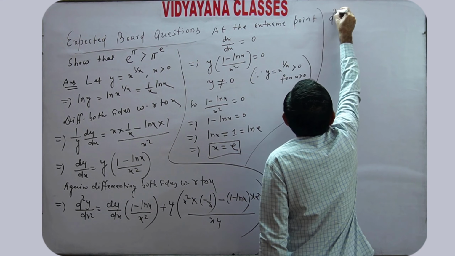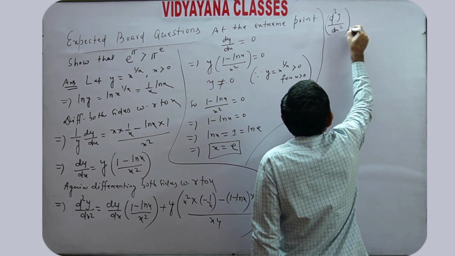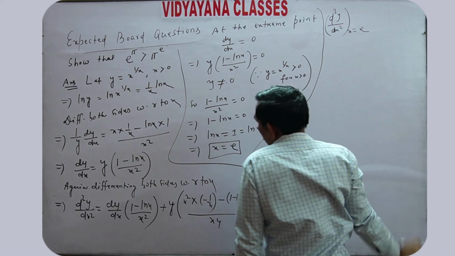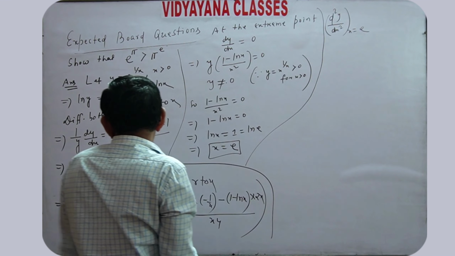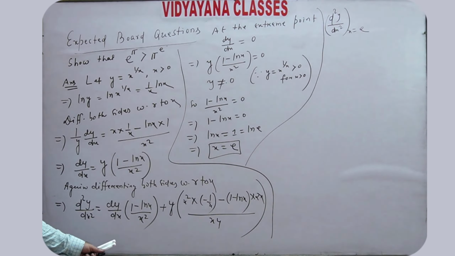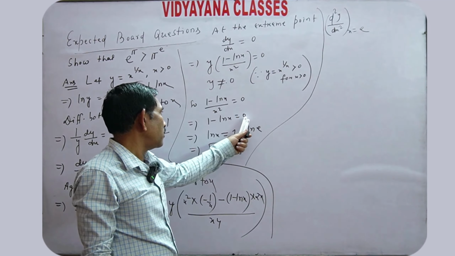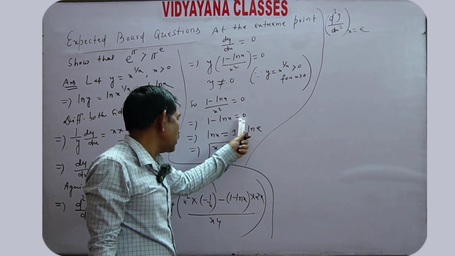Now d square y divided by dx square at x equal to e. X equal to e is the same as 1 minus ln x equal to 0.